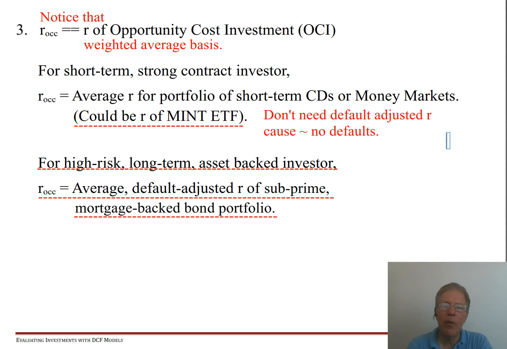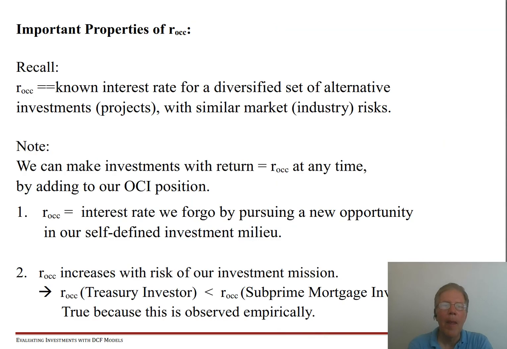And we saw in our simple risk model discussion how Moody's, for example, provides some basis for helping sort that out for various different types of fixed income asset classes. Okay, so what are some important properties of the opportunity cost of capital?